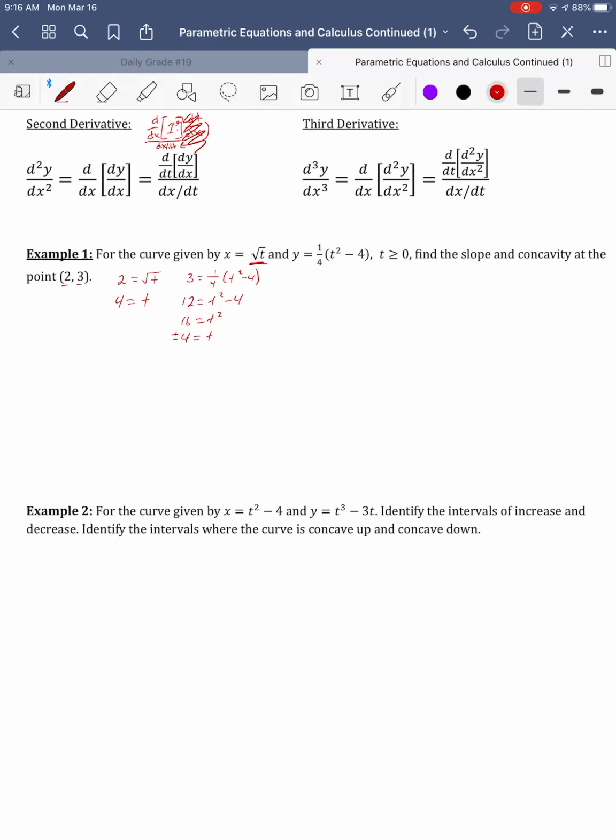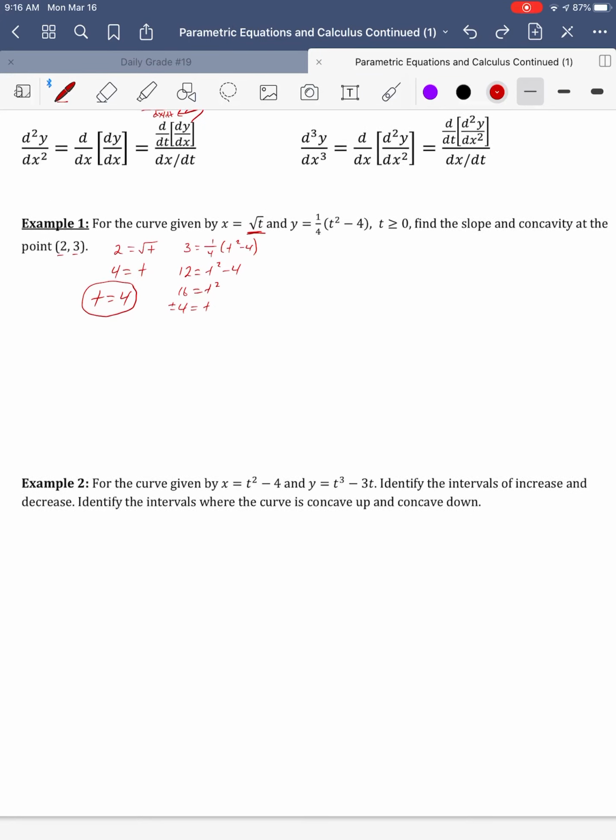So t is plus or minus 4, and t is 4, so the overlap, we're going to take t equaling 4. t can't be negative 4 because that would be an imaginary number. All right, so time is 4. That's going to make our finishing of the slope and concavities easier.